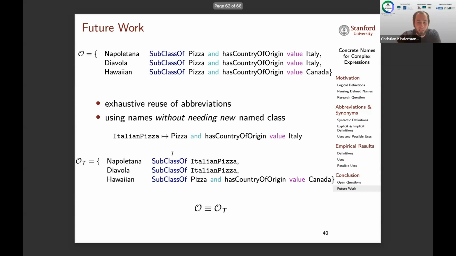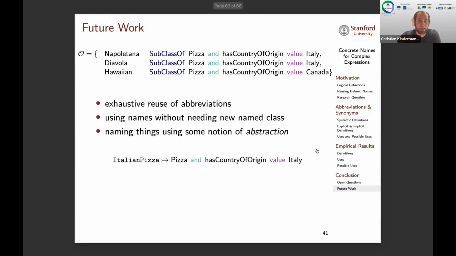Well, and once you do that, you can, of course, play this game a bit further and ask, well, maybe we also want to have a more powerful macro system that allows for some notion of abstraction. So here we can see, for example, that the complex class expression for the country of origin of a pizza has both Italy and Canada as possible values, and we could just abstract over these differences.